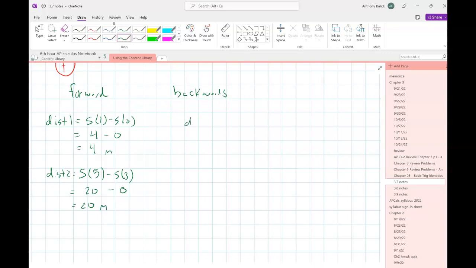And then we're moving backwards from 1 to 3. And those we both already calculated.